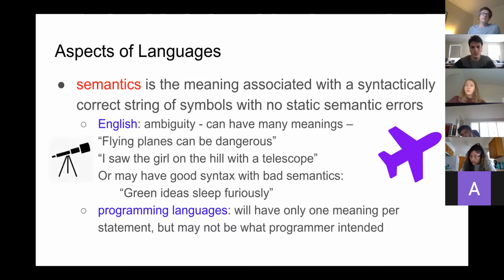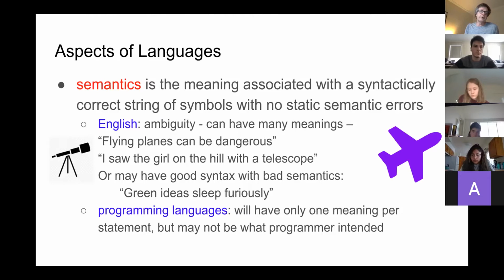So for example, in English, semantics is really tough sometimes because we have ambiguity, right? Somebody can say to you, flying planes can be dangerous. And one person will think to themselves, yes, it's dangerous to fly in a plane.